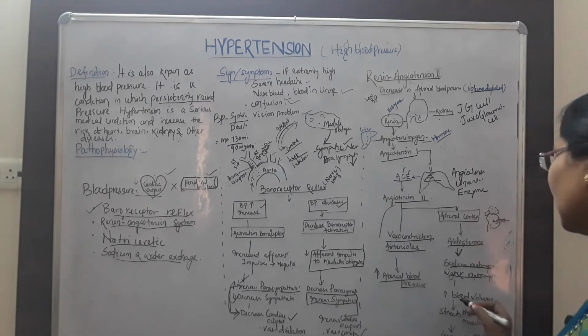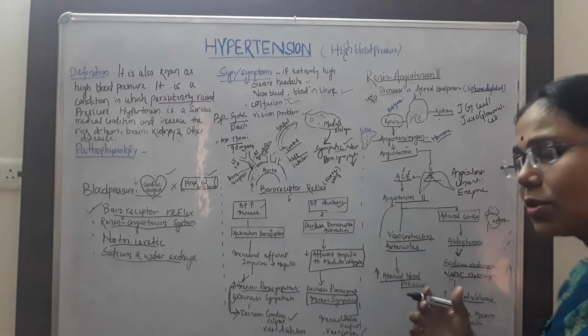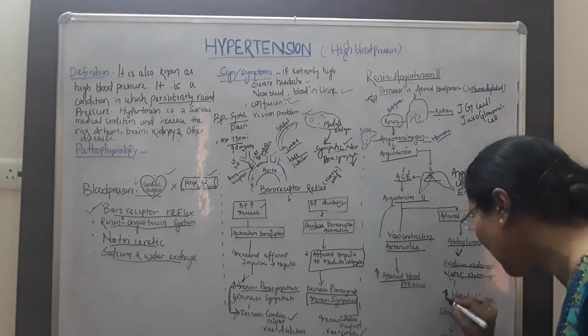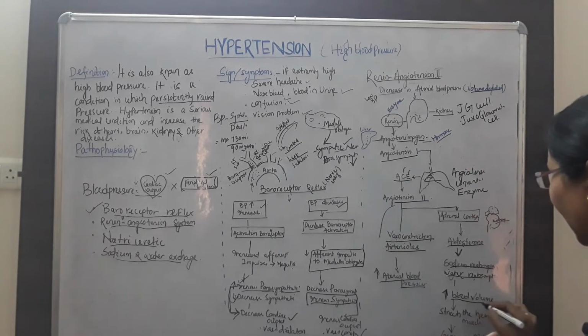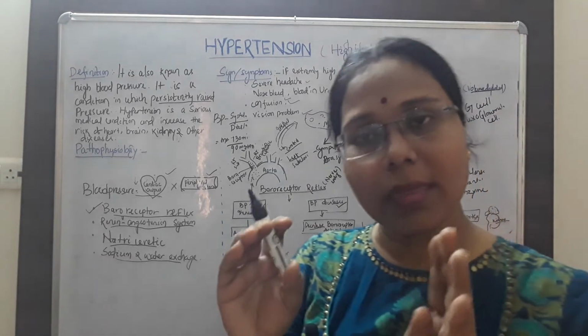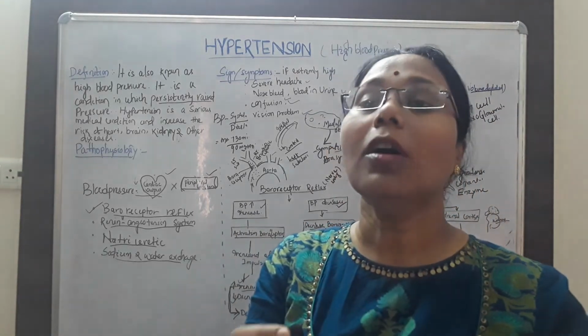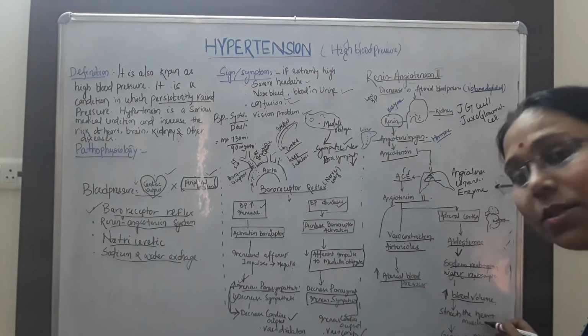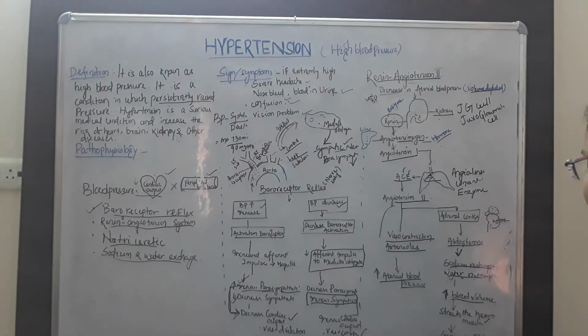If water reabsorption is more, the blood volume rises. Since the space is the same, if the volume is more, it exerts pressure on the walls of the heart muscles and on the artery. That leads to a rise in blood pressure.